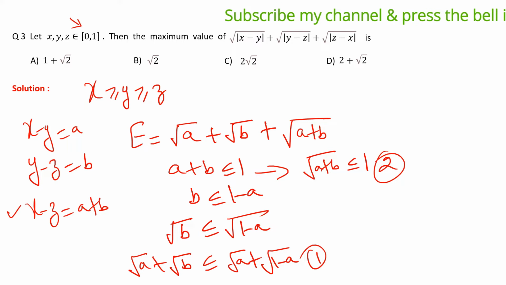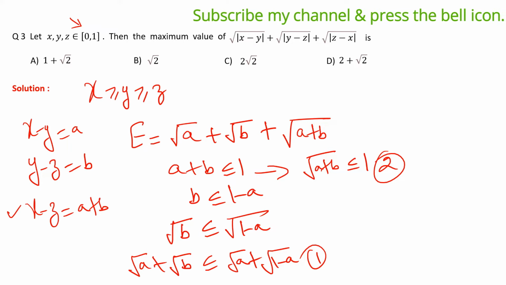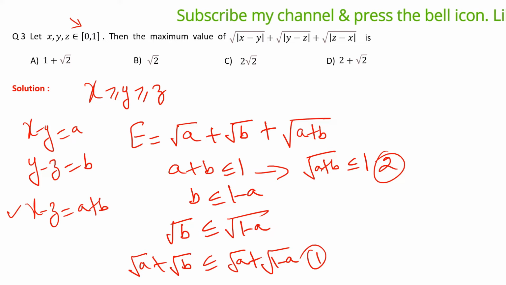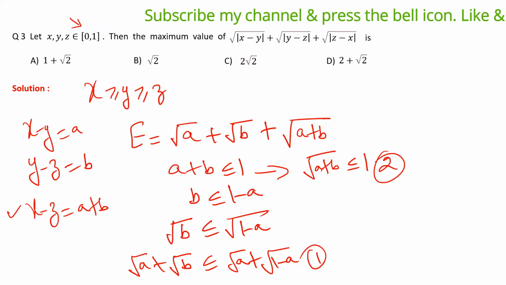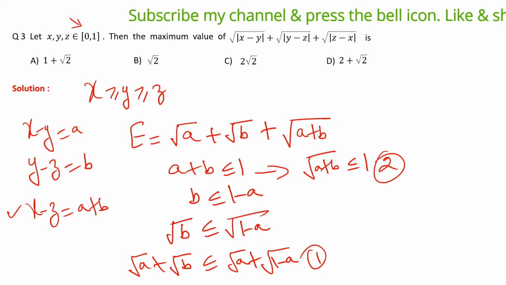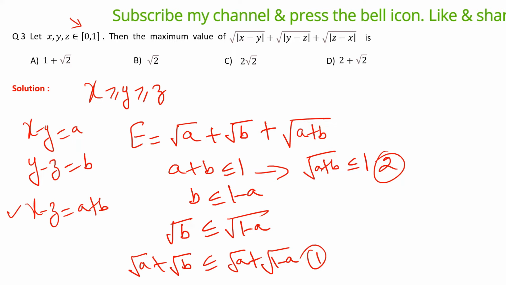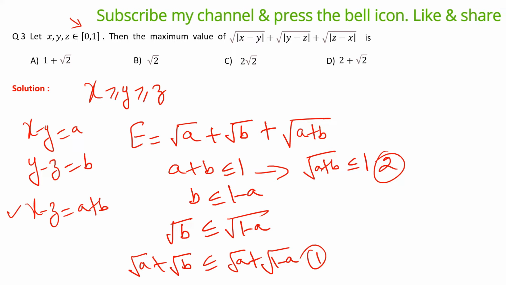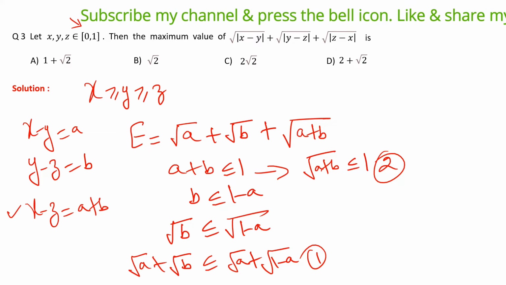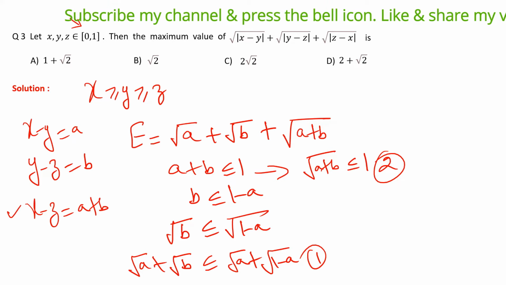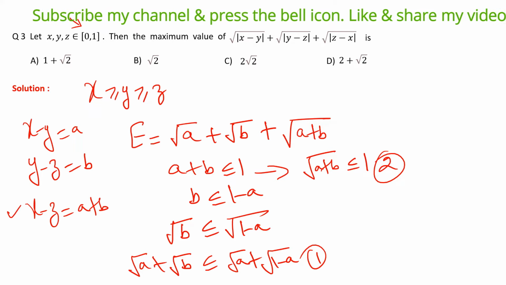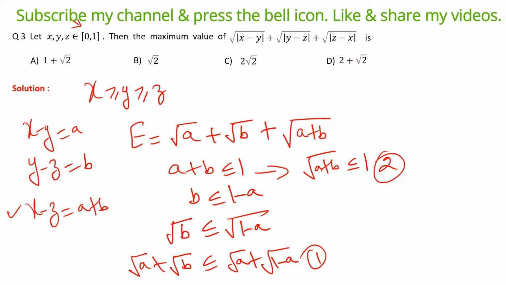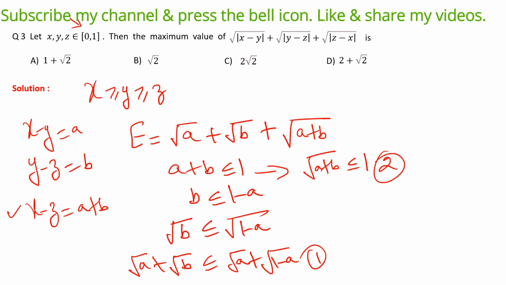Now addition of inequalities is possible, but while writing the equality sign, we need to be careful. For example, sine theta we know is less than or equal to 1, and cos theta is less than or equal to 1. If I add both of them, I cannot write sine theta plus cos theta less than or equal to 2. Why? Because we know that sine theta plus cos theta's maximum value is root 2. It's not 2.